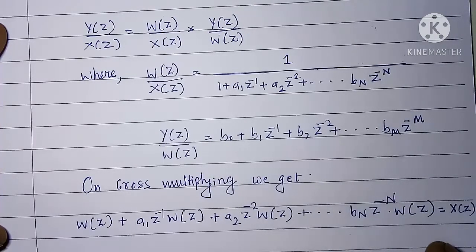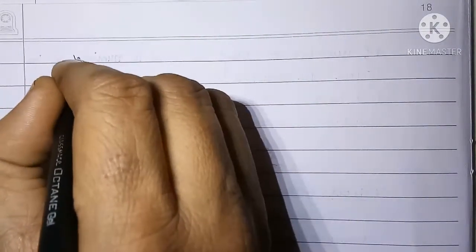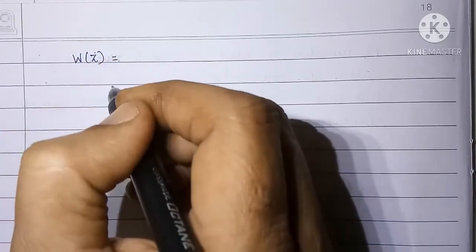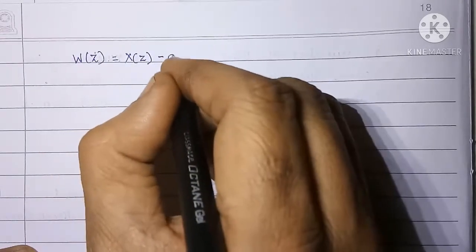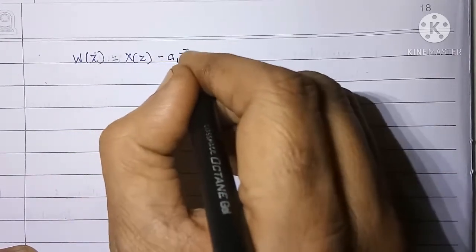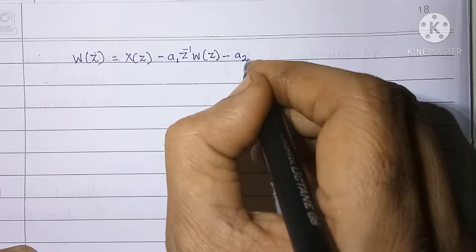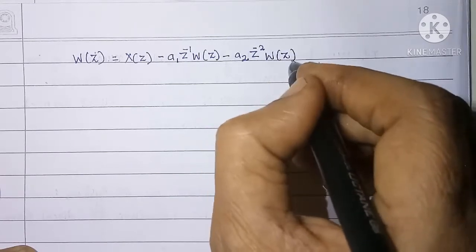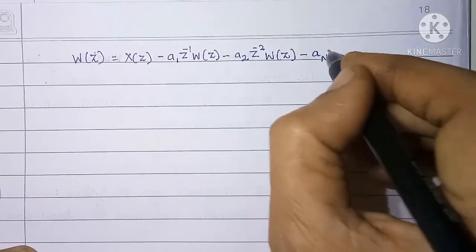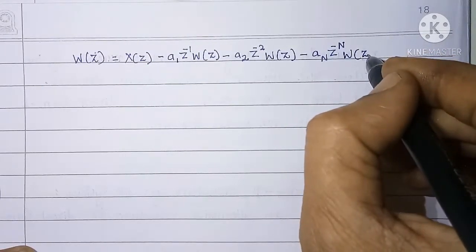Or we can simplify for W of z and write W of z equal to X of z minus a1 z raised to minus 1 W of z minus a2 z raised to minus 2 W of z minus an z raised to minus n W of z.